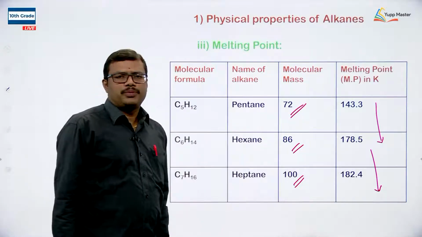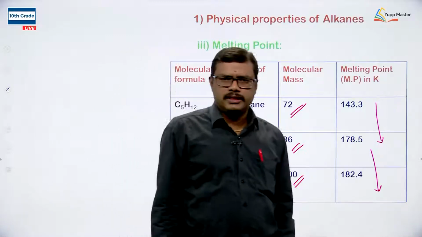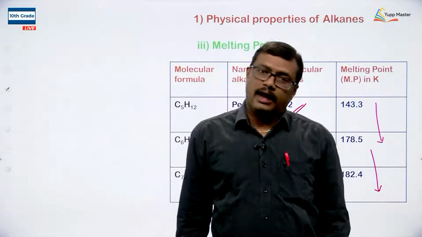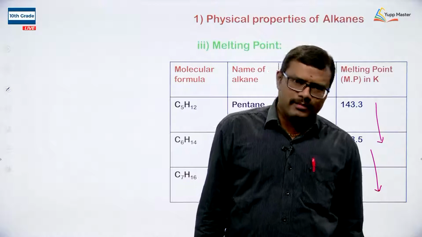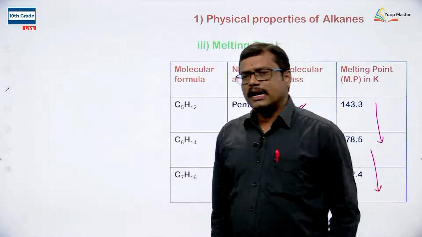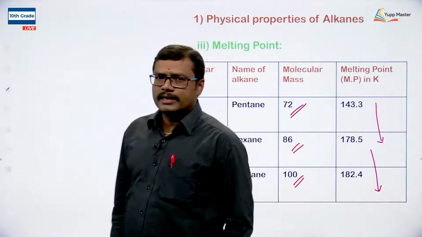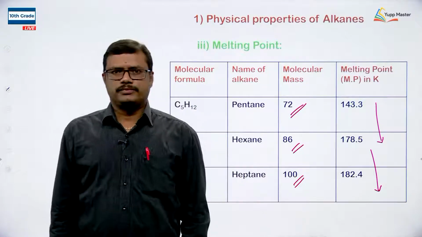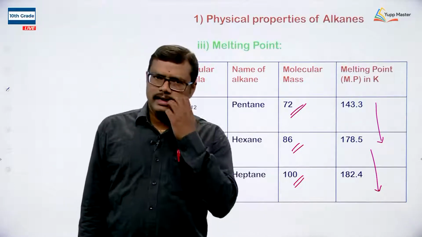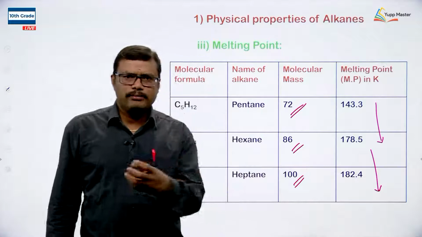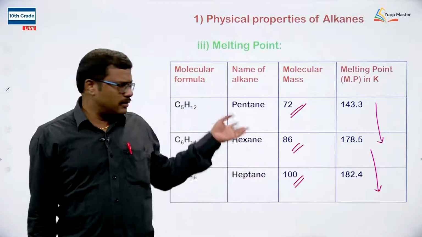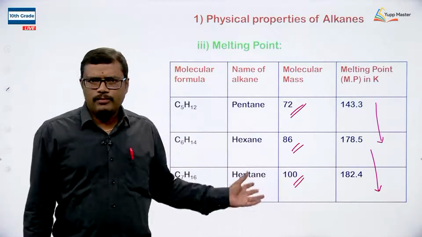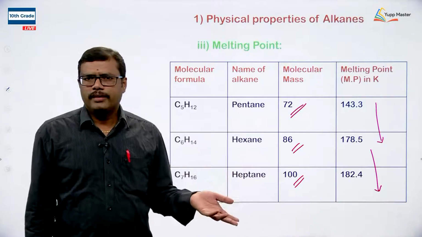And by this time, one question should come to your mind. What is that? Why does an alkane having an even number of carbon atoms have a higher melting point? Why is it so? In the previous table we have seen ethane and butane are having higher melting points.